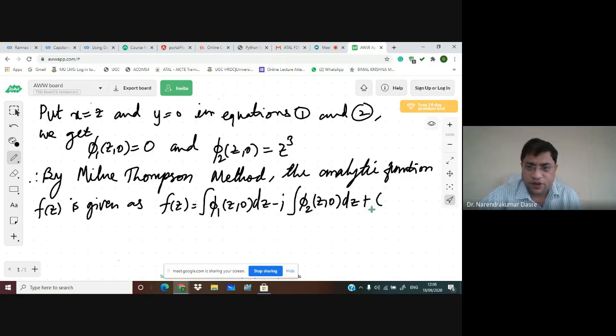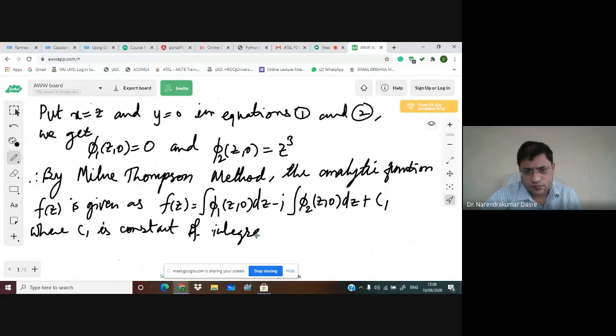Here we cannot use c because c is given to us, so we use c1, where c1 is the constant of integration.